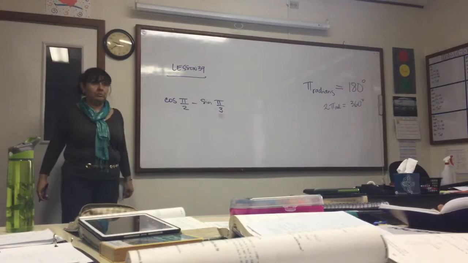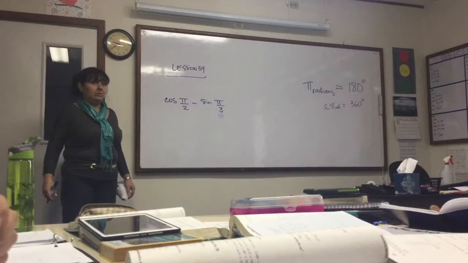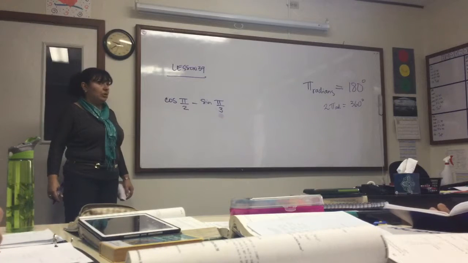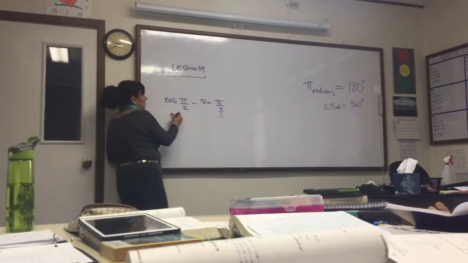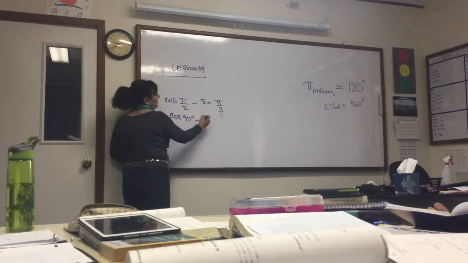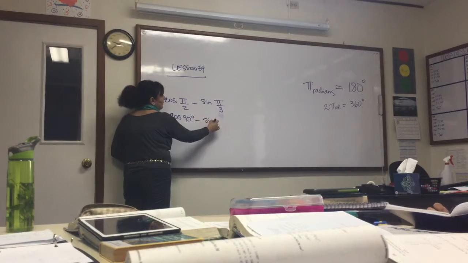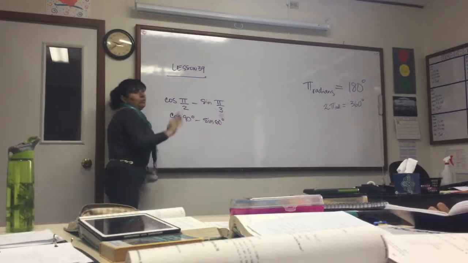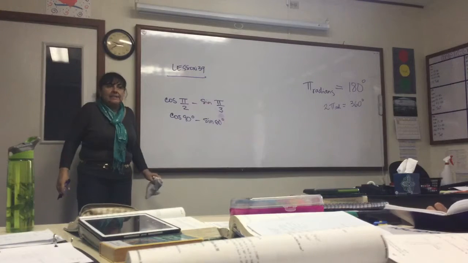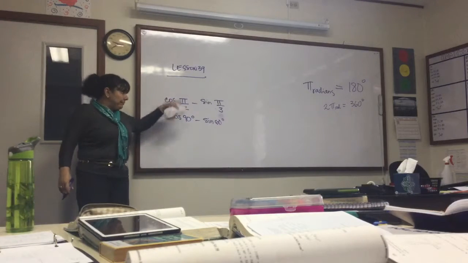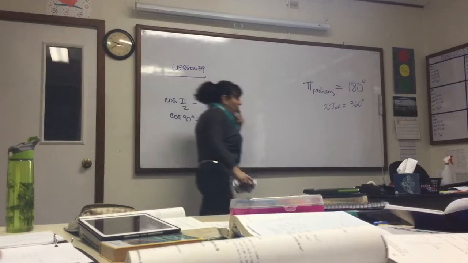First, pi is 180. So it's cosine of 180 divided by 2, which is cosine of 90, minus sine of 60, and then you know what to do. It's really, really easy. That's it for this one. There's another topic.